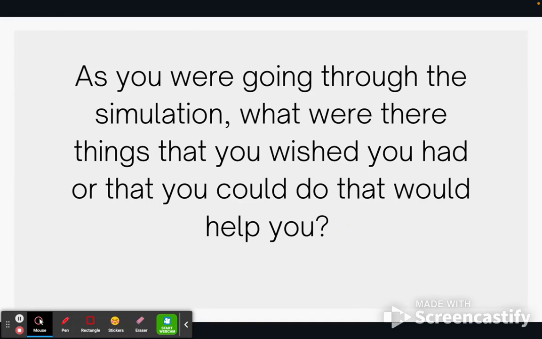So as I went through the simulation, what were the things that I wish I had? Okay, so for this simulation, I think seeing it on a flat screen made it very difficult. I'm trying to see a 3-dimensional item on a 2-dimensional screen.